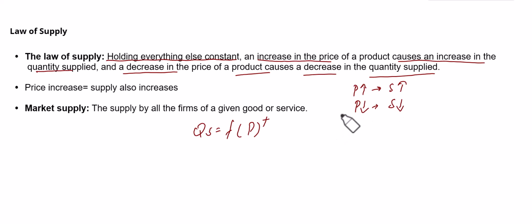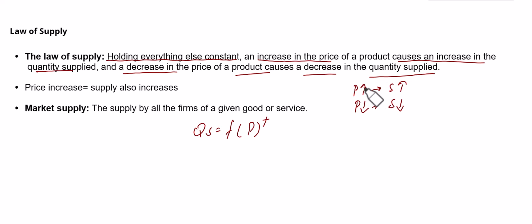Now the question arises: why is there a direct or positive relationship between price and supply? Basically, price is the revenue for the producers. So when price increases, revenue or profit for the producer increases, and in order to earn more profit, the producers are willing to supply more in the market.